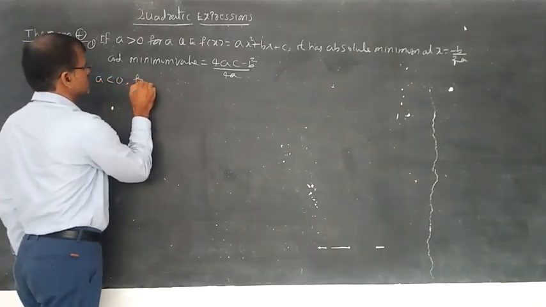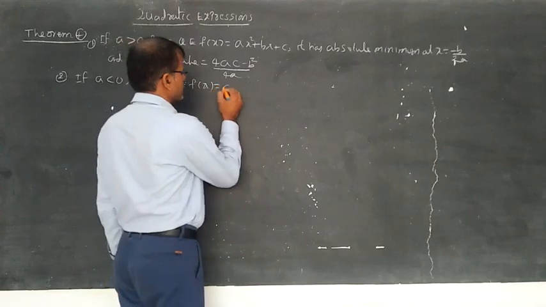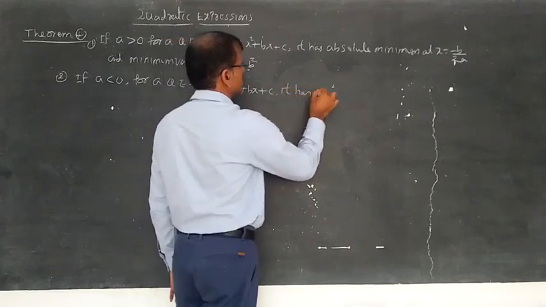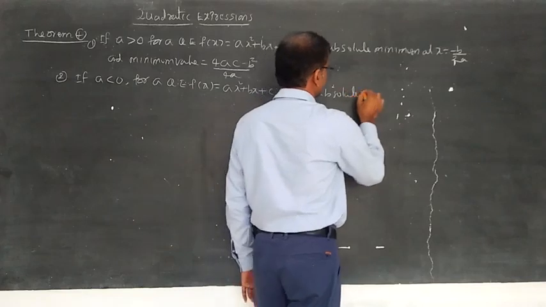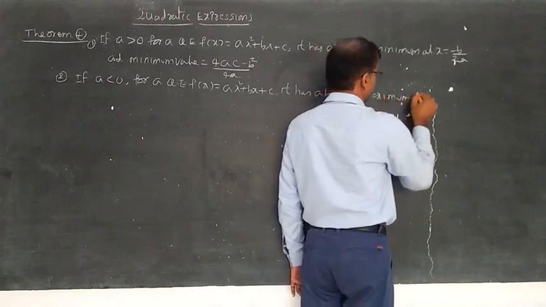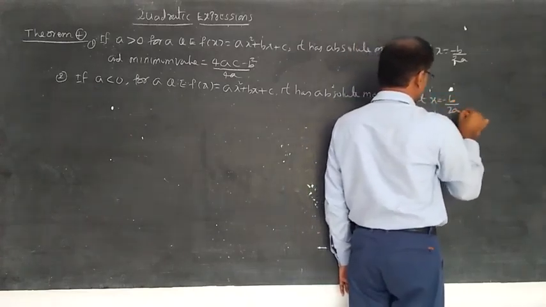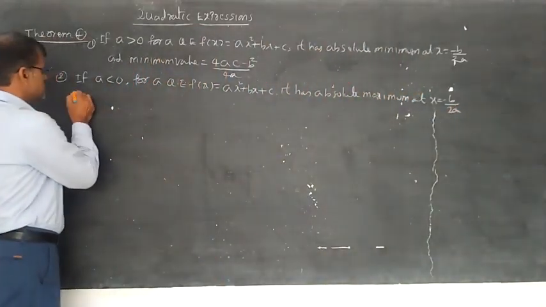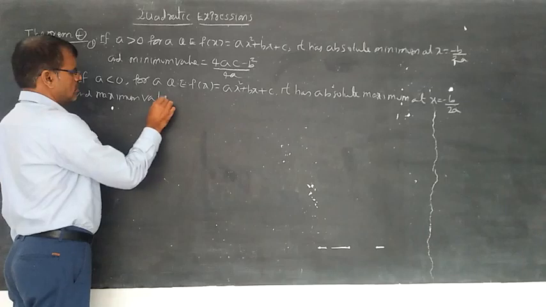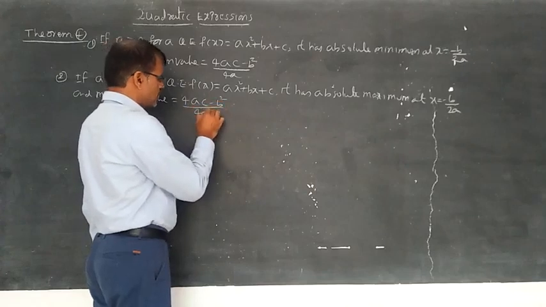If a is less than 0, for a quadratic expression f of x is equal to ax square plus bx plus c, it has an absolute maximum at x is equal to minus b by 2a, and the maximum value is equal to 4ac minus b square by 4a.